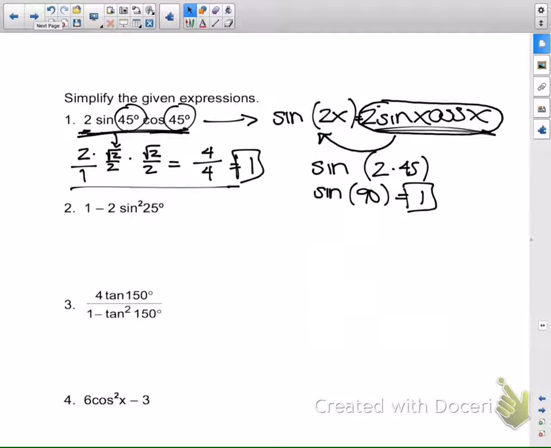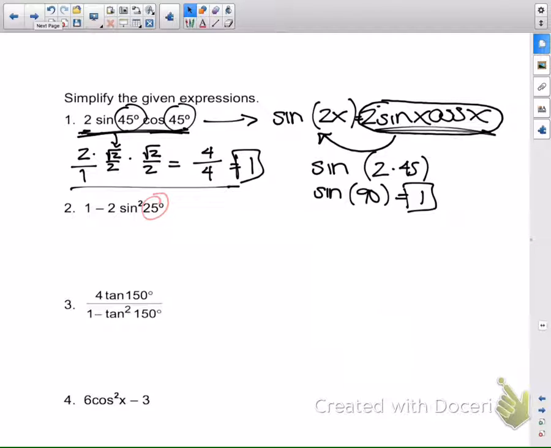Okay? So same type of thing for question 2. Question 2 is a good example of what I was just talking about. If I wanted to try to do this on my own, do I know anything about 25 degrees? No. Nope, that's not in my unit circle. So now I have to use a formula. Looking at my double angle identities, this looks a lot like which cosine one?